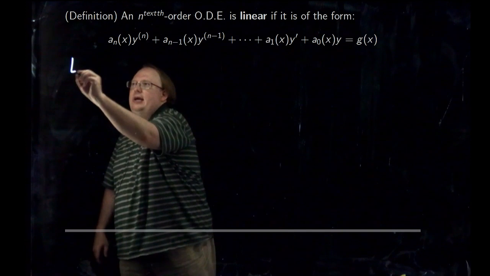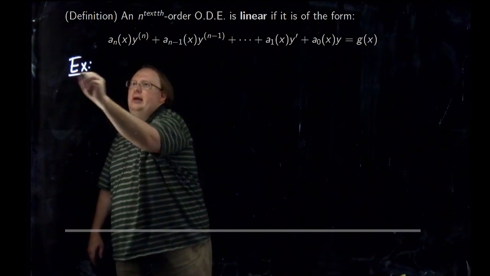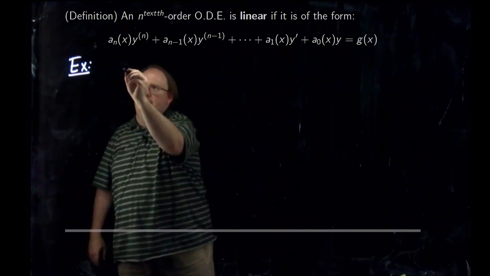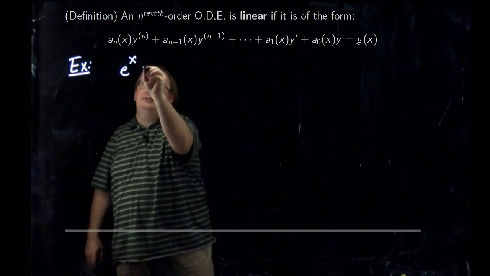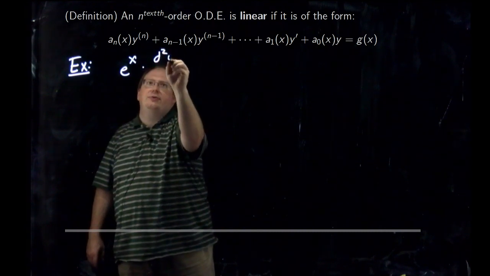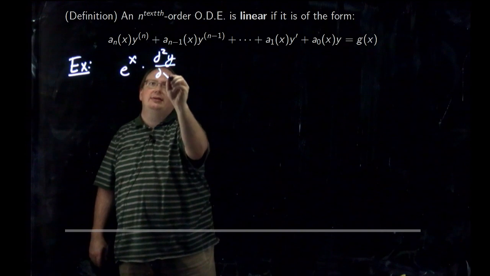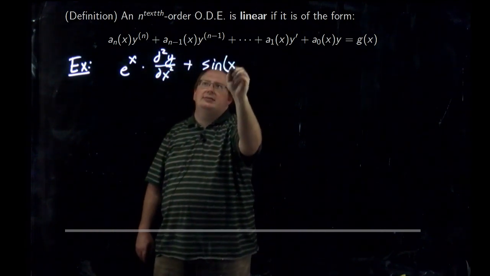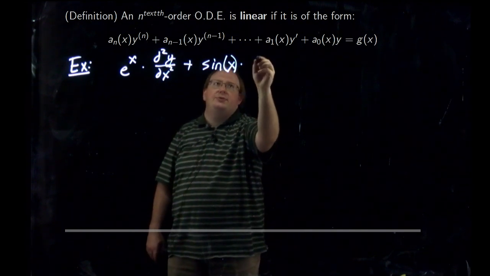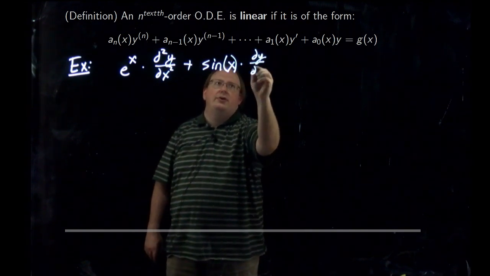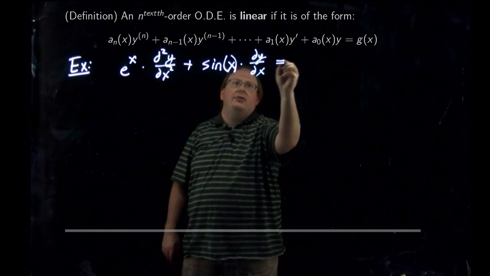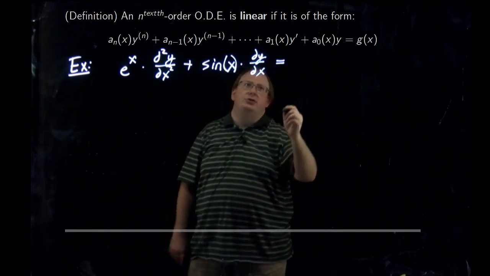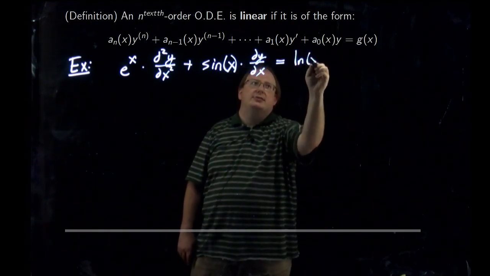So for example, if I say something like e to the x times the second derivative of y with respect to x plus sine of x times the first derivative dy over dx, and this is going to be equal to another function, let's just say the natural log of x.